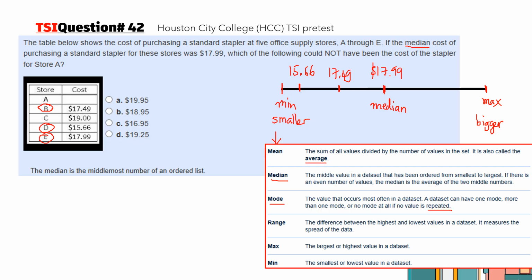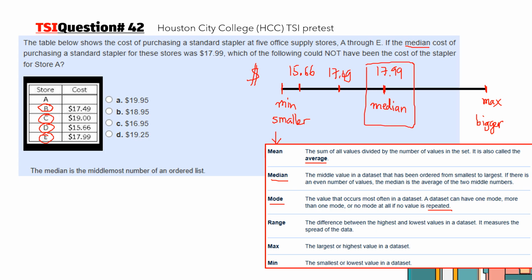Okay, so let's just write out the values. We know the unit is dollars. So we have C as $19, and we know this is the median.